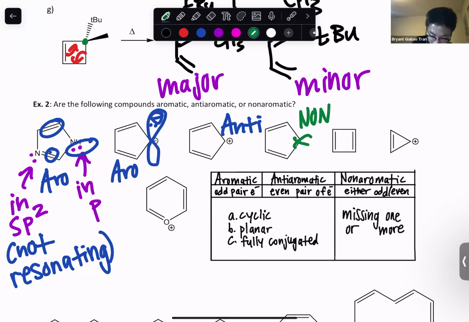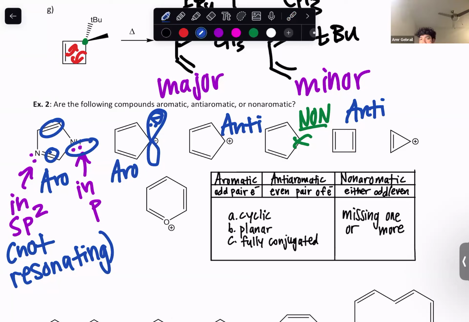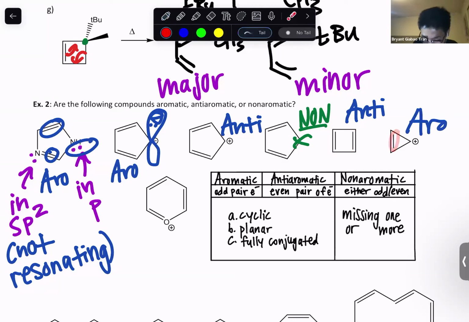The next one would be anti-aromatic because all sp2 but even. And then the last one would be aromatic because it's just one pair, one lone pair, odd. And we have this one.